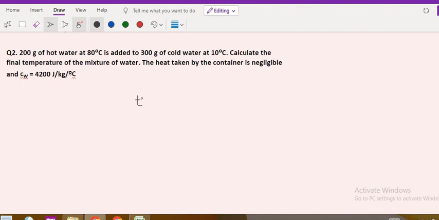If I apply that principle of calorimetry in which heat loss is equal to heat gain, we can write: heat lost by hot water would be equal to heat gained by the cold water.